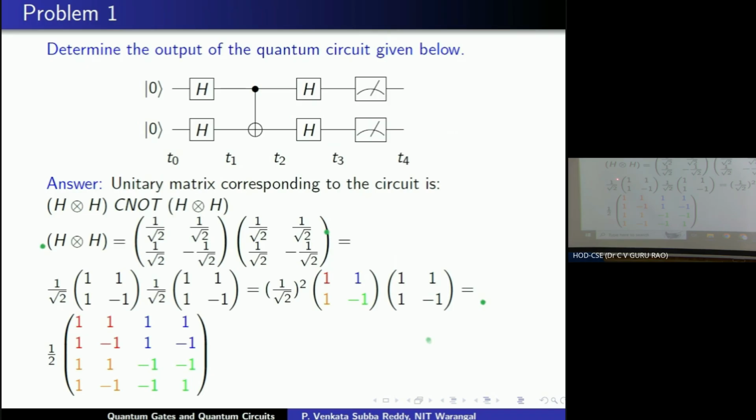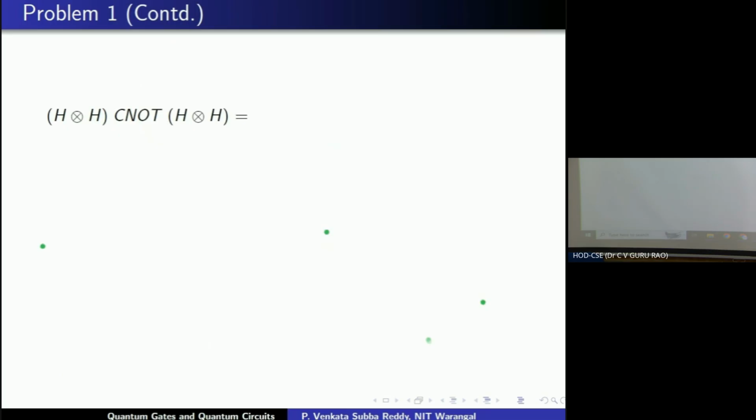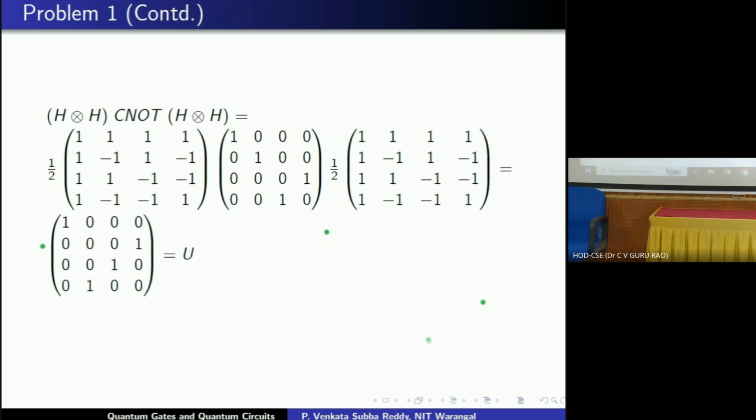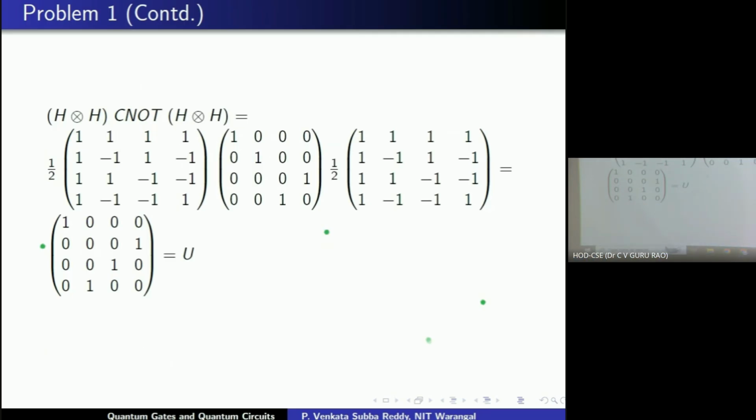Hadamard tensor Hadamard, is that okay? Now CNOT, we know what CNOT is. This is our CNOT, and this is Hadamard tensor Hadamard. So finally, this is the unitary matrix, not identity. This is the matrix we got, because 2 qubits means a 4x4 matrix.